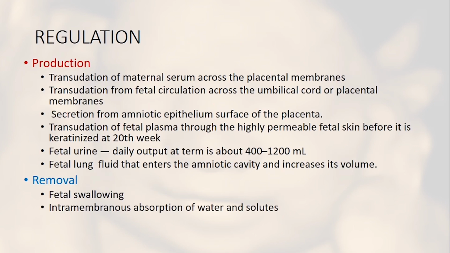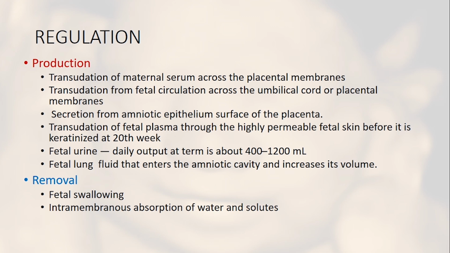So amniotic fluid is tightly regulated. It is produced by various means: transudation of maternal serum across the placenta, transudation of fluid from the umbilical cord, secretion from the epithelial surface of the placenta, and from the permeable skin of the fetus before keratinization takes place.